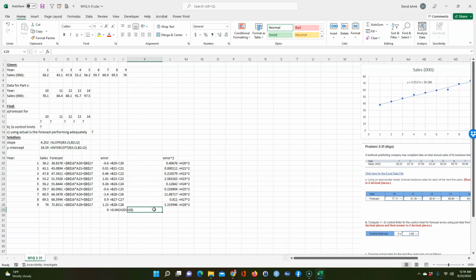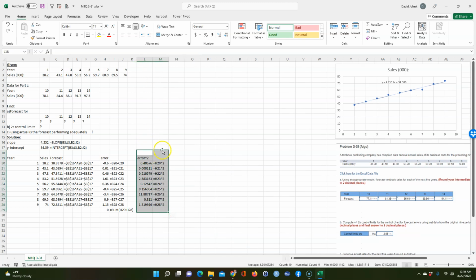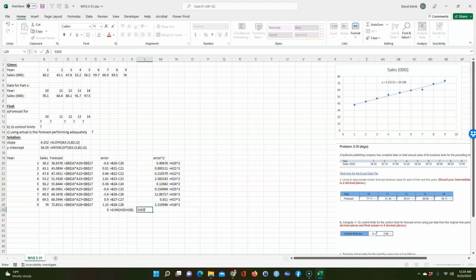If we add them all together, that's called the sum of squared error, which is just, I hit auto sum. It adds them all together. So you try to minimize this. That line there minimizes all those vertical distances, the errors squared, added together. That's the smallest sum of squared errors you can get by putting this line in there. So a lot of high-level math did that, but Excel did it for you real quickly.